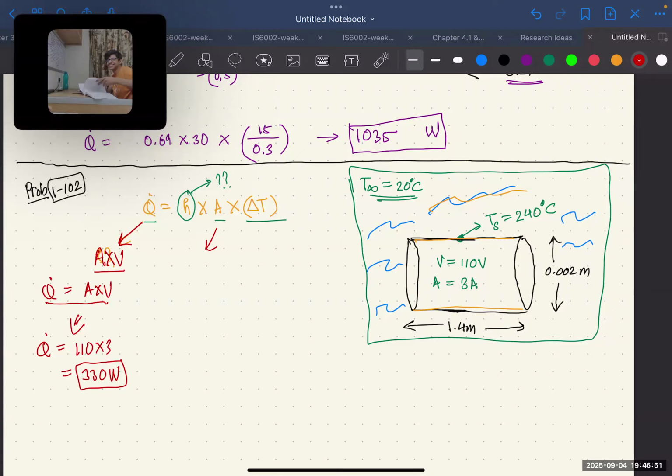I'm going to say A outer, A_o, because from where is the heat transfer taking place? It is taking place from the outer surface of the wire, right? Convection is happening, not conduction. So how much is the outermost area of this wire? You'll have to think a bit.